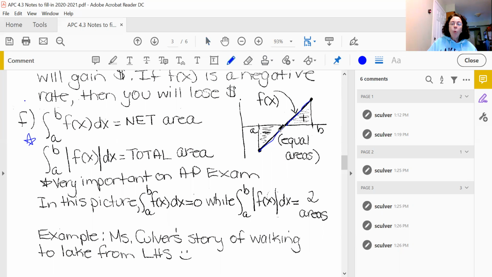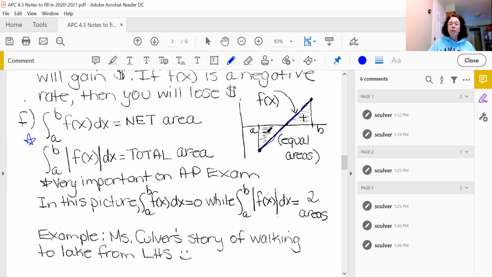Sorry about that. What if the function is sometimes negative and sometimes positive on an interval from a to b? That means when you integrate from a to b, f of x dx, you will partially have a negative area where the function was below the x-axis, and you will partially have a positive area where the function was above the x-axis.